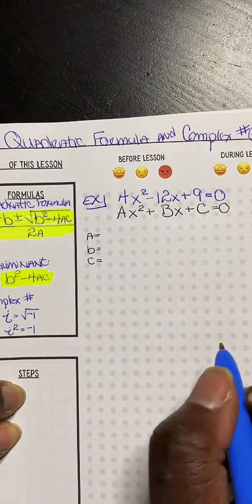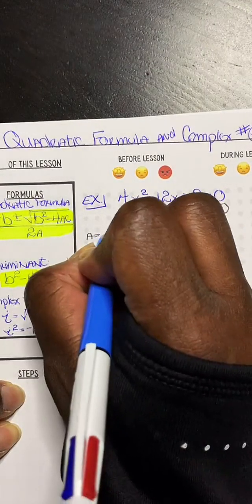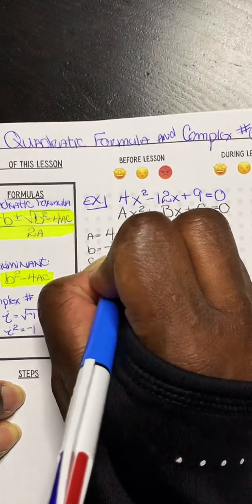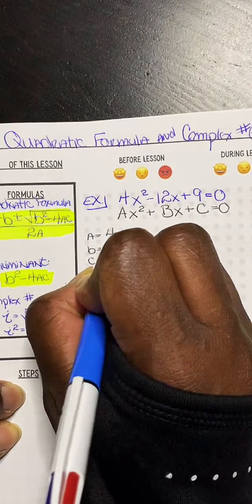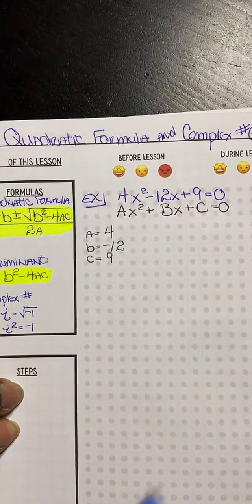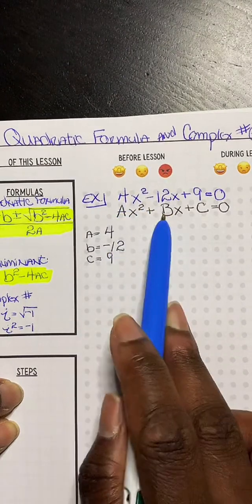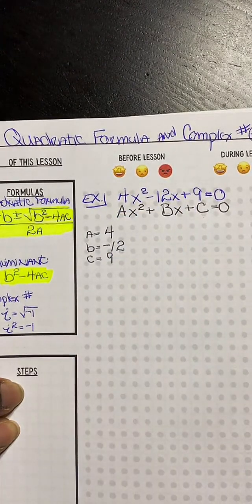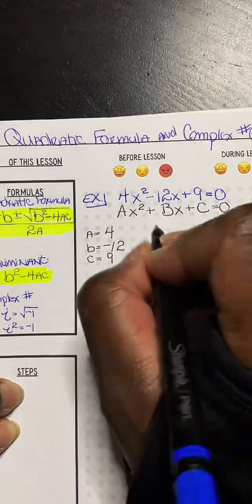Here we go. We have our 4, our negative 12, and our 9. So a is 4, b is negative 12, and c is 9. All we're doing is plugging it into our formula.